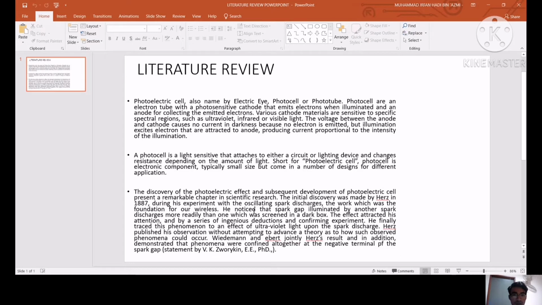He first published his observation without attempting to advance a theory as to how such an observed phenomenon could occur. Wiedemann and Abbott jointly confirmed Hertz's result and in addition demonstrated that the phenomena were confined altogether at the negative terminal of the spark gap. Statement by V. K. Zurbuchen. That's all from me. Thank you.